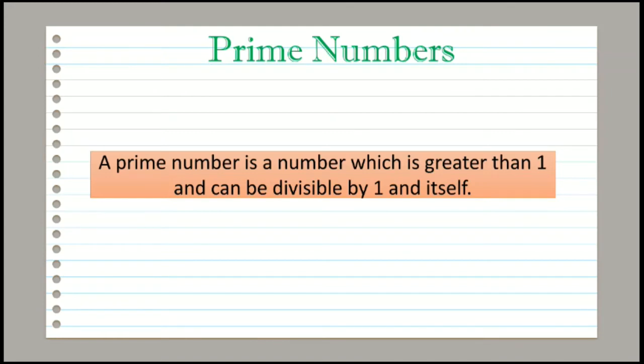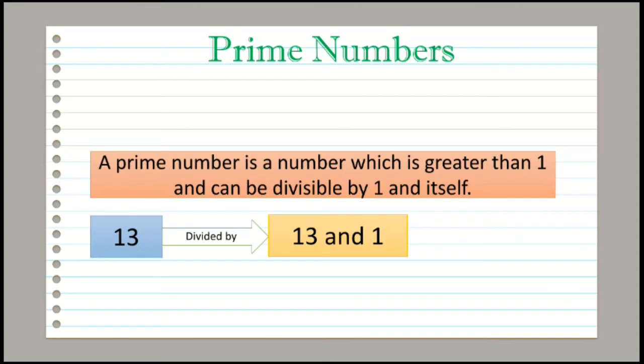the prime number. For example, if 13 is the given number, then if you see, 13 can be divided by 13 and 1. No other number can divide 13 directly. That means 13 is a prime number.